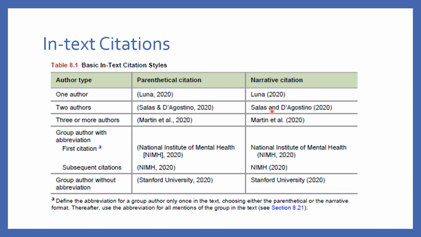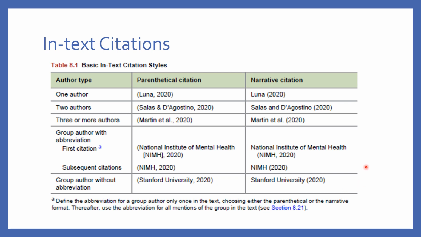You don't use an ampersand in a sentence when you mean and. You use the word and. So you would use the conjunction and, Salus and Dignostino. So those would be the two authors that you see there. And then you have the year in parentheses. And then the same kind of formatting is for the rest of them.